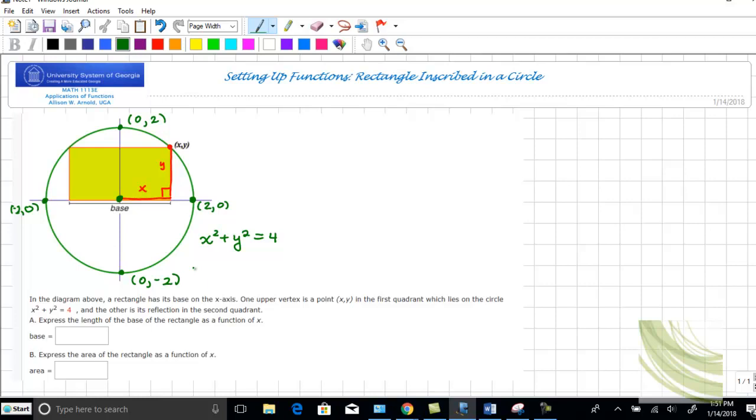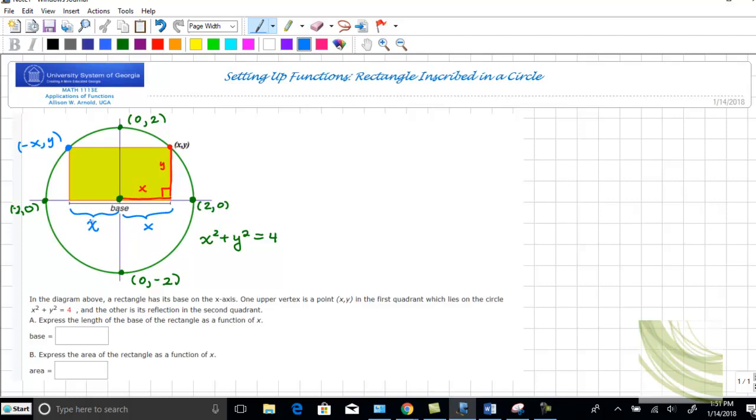Okay, so again, the rectangle is above the x-axis, lying in the upper portion of the circle, the semicircular part on top. And this says express the length of the base of the rectangle as a function of x. So notice semicircles and circles are symmetric about the y-axis and the x-axis in this particular circle's case.